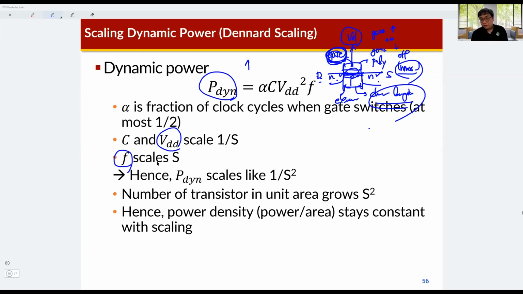Also, another benefit of this reduced channel length is that we can reduce the size of transistors. Right. And then in the same area, we can include a large number of transistors if we reduce the channel length of the CMOS transistor. Okay.